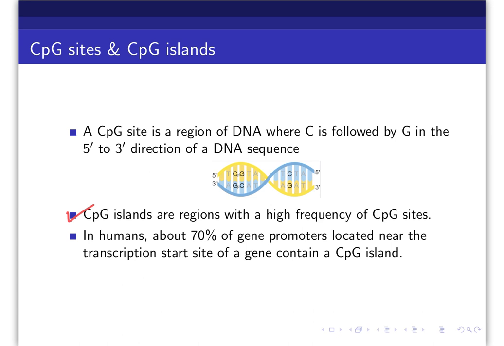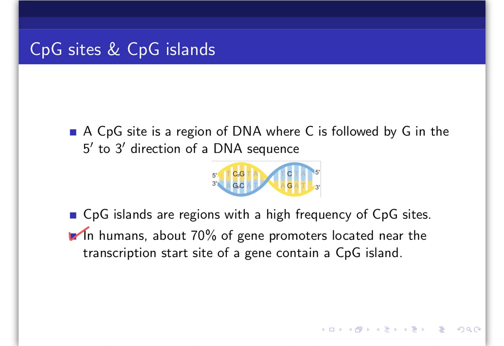Initially, a CpG island was defined to be a region of at least 200 base pairs in length, having a GC percentage greater than 50% and an observed to expected CpG ratio greater than 60%. Later, this definition was updated to DNA regions greater than 500 base pairs with a GC content greater than 55% and an observed to expected CpG ratio of at least 65%.